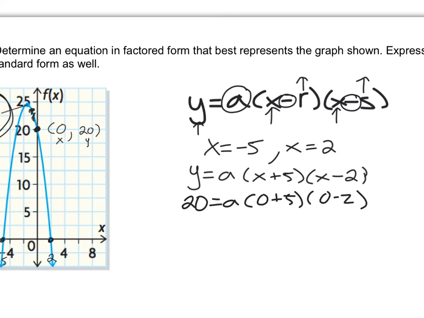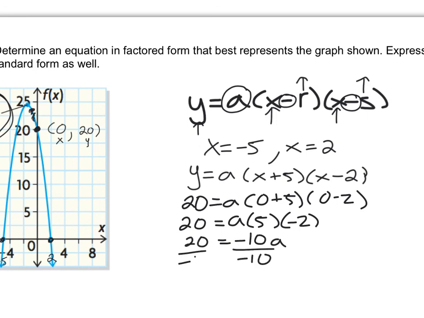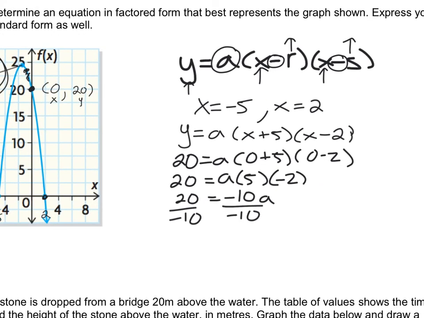Then I'll begin to solve inside my bracket. 0 plus 5 is 5. 0 minus 2 is -2. A times 5 times -2 is -10a. I'll divide by that -10 in front of my a to find out that my a value, 20 divided by -10, is -2.